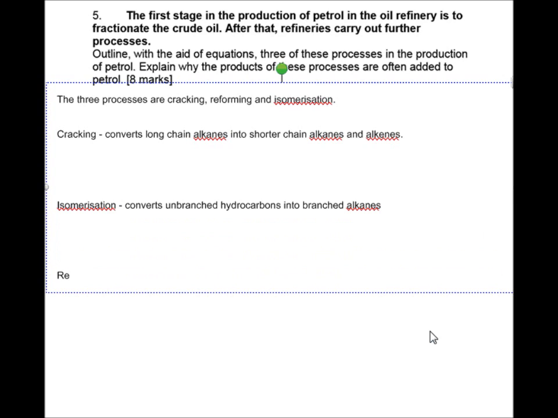And reforming, this is the process that converts straight chain hydrocarbons into cyclic or aromatic hydrocarbons, and this is done by removing hydrogen.